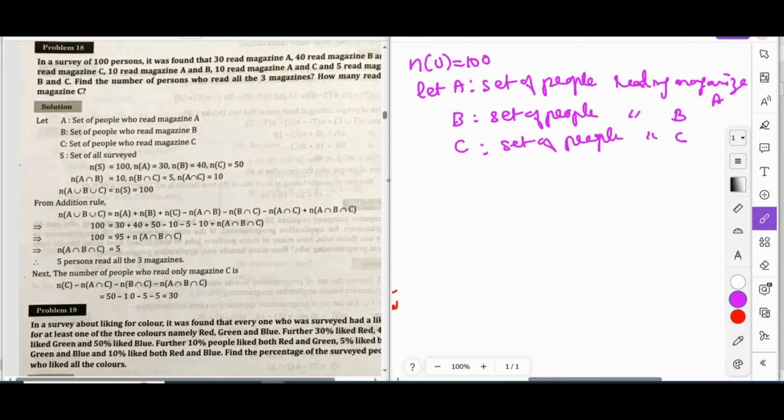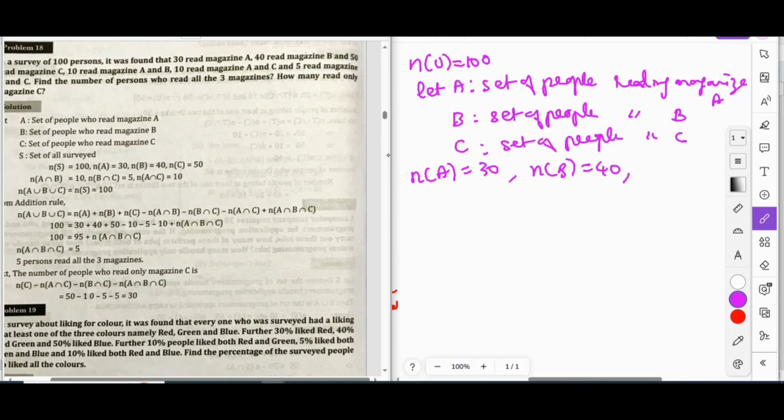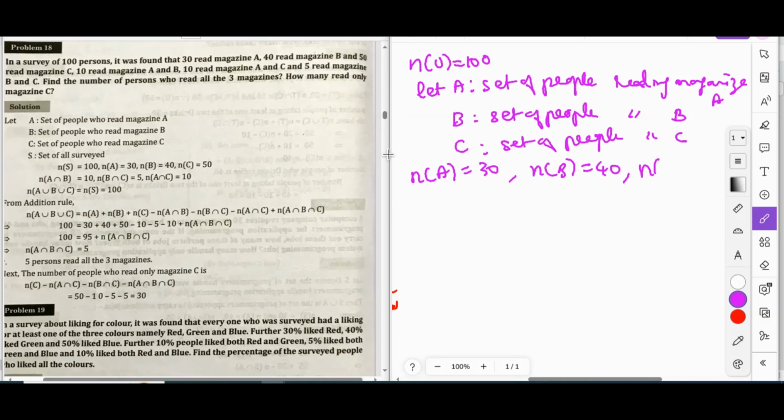Then N of A is how much? N of A is 30. Then N of B is 40. Then N of C is 50. They've given that.